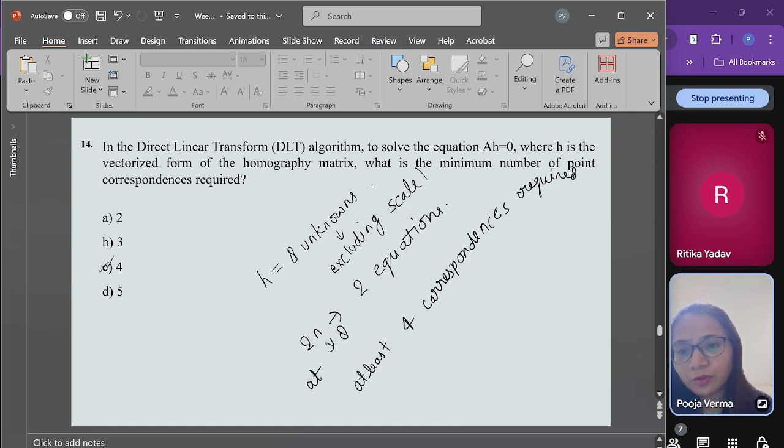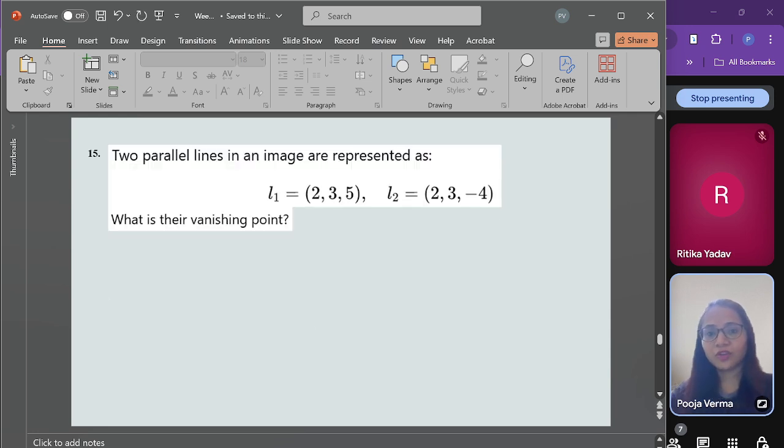So option C is the correct answer for this question. Okay, I hope you are getting it. So moving to the next question.